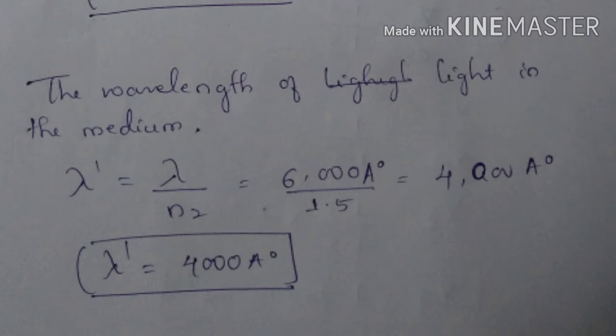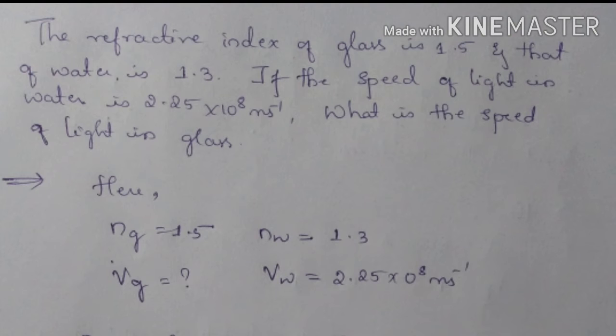So lambda prime is 4000 Armstrong. If you observe, the wavelength of light in the medium is less compared to the wavelength in air. So lambda is not equal to lambda prime; lambda prime is less than lambda.